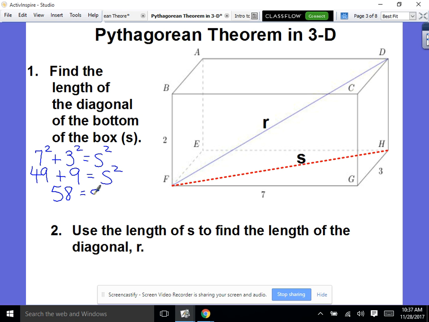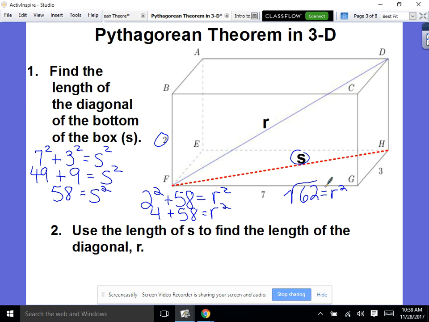And the great thing about this is at this step we don't have to find the square root, because now we're going to use 2 and S as our sides. So we have 2 squared plus S squared, which is 58, equals R squared. So 4 plus 58 equals R squared. 4 plus 58 is 62, equals R squared.